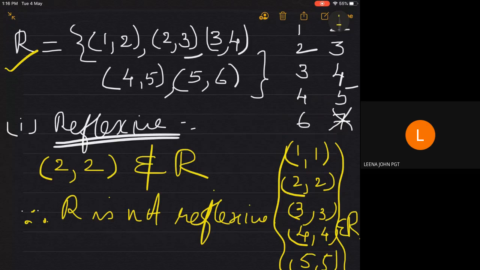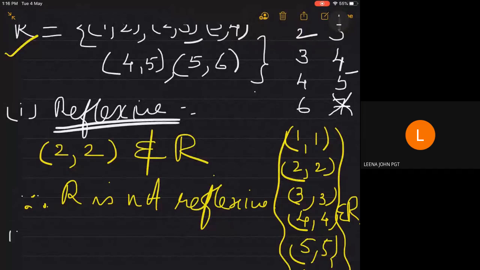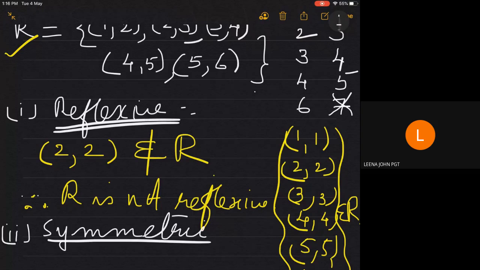The second part is symmetric. For symmetric, you know it is a conditional statement. That means, what is symmetric?